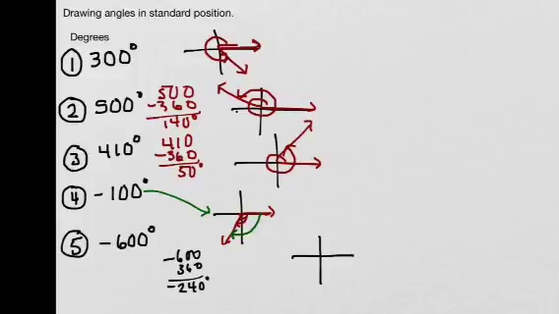So here's your initial side, the 0. So you're going to go negative 360 and negative 240 more. So that's negative 90, negative 180. And so from 180 to 240, that's 60 more, so that's about right here. So connect, draw the angle, and this is the spiral that you would show for that one.